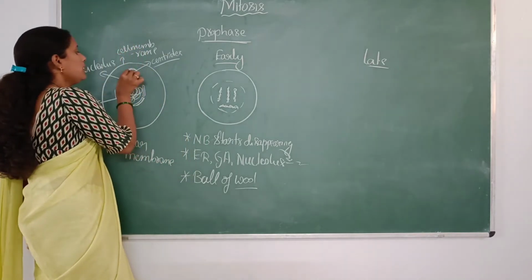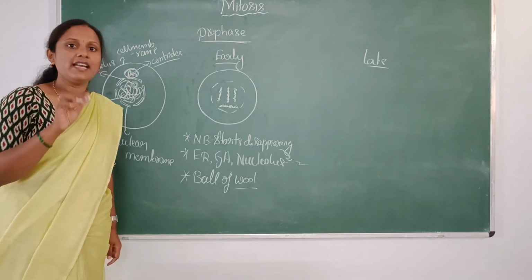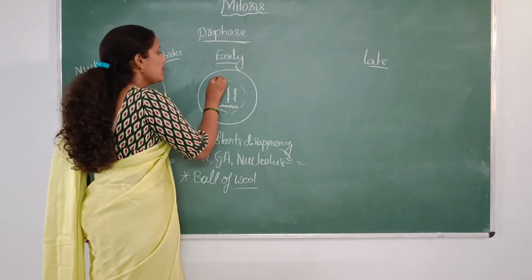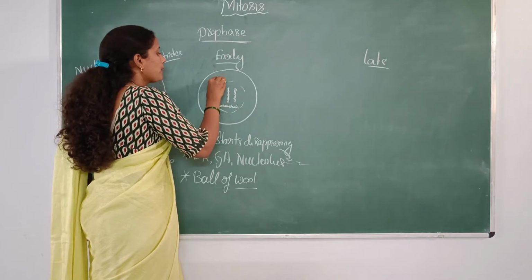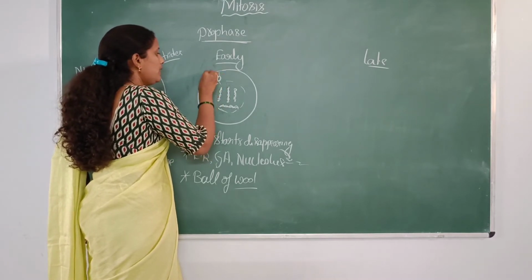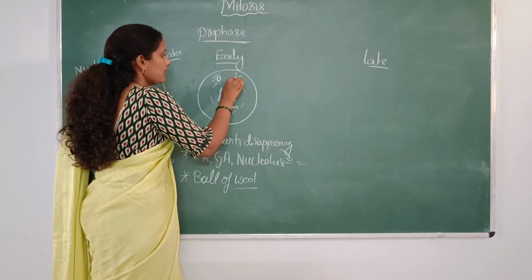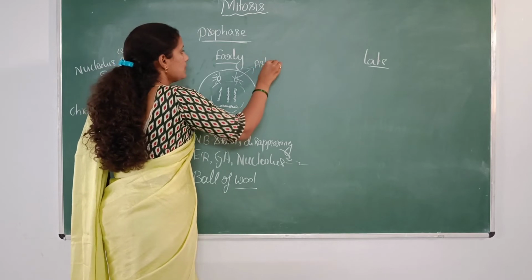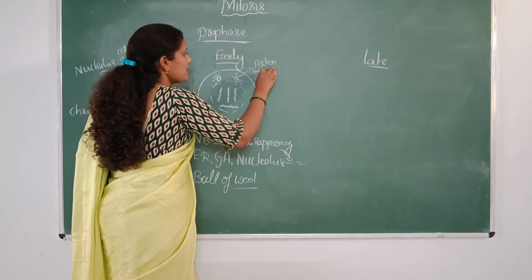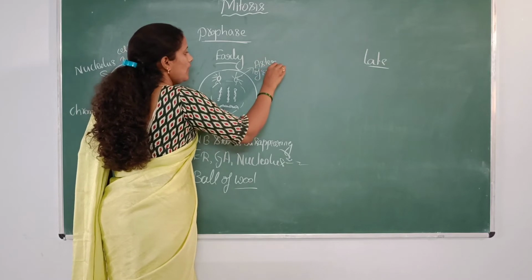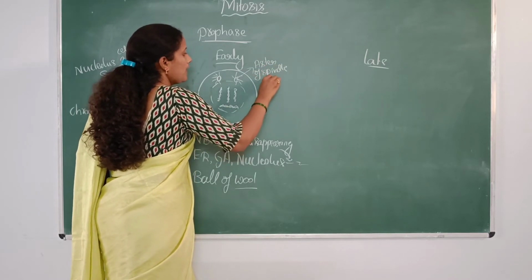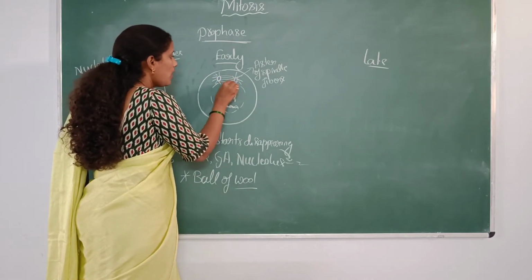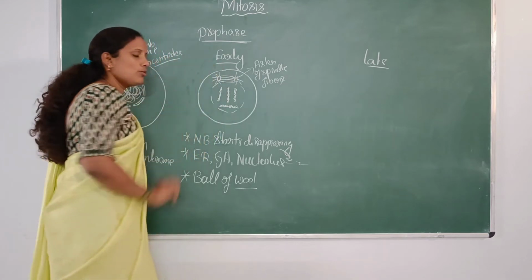And I told you the centrioles, which already multiplied in the interphase, will start producing asters of spindle fibers like this. They produce the aster of spindle fibers. And these spindle fibers are connected between the two centrioles.